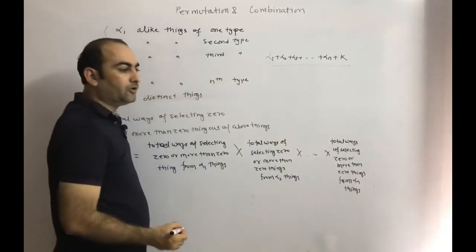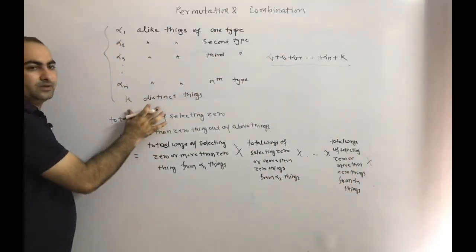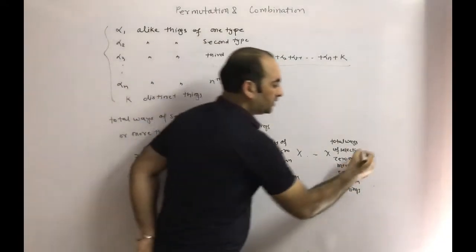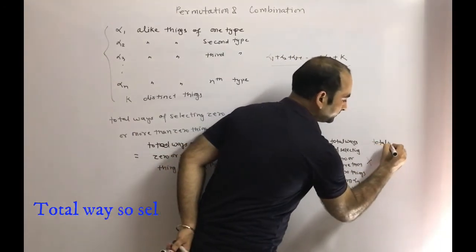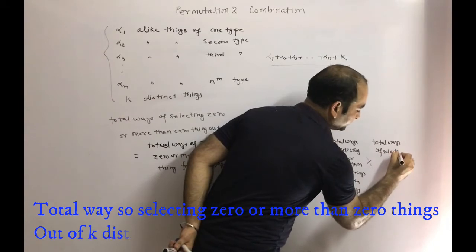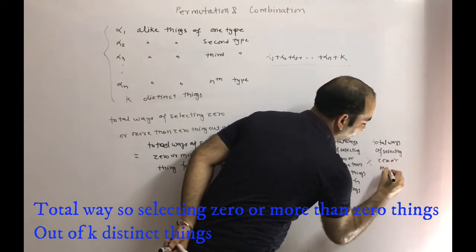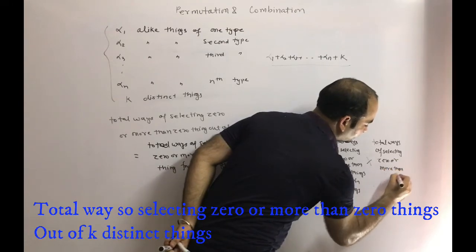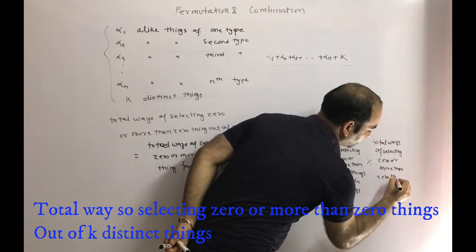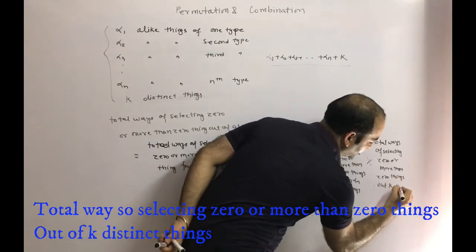Now you have to multiply this with the k distinct things. So we have to find out total ways of selecting 0 or more than 0 things out of k distinct things.